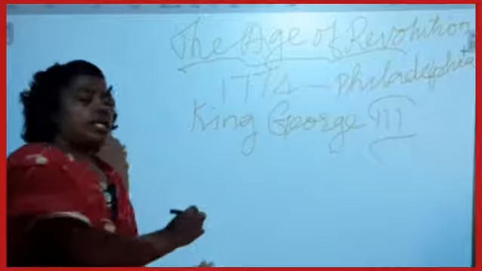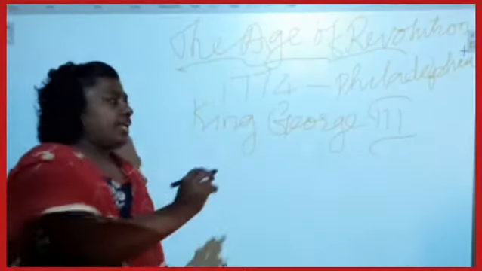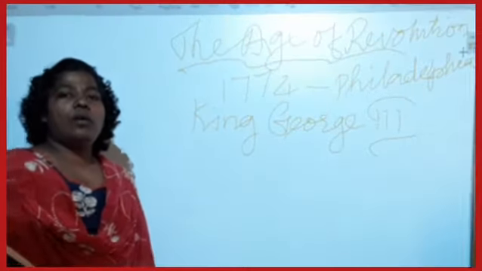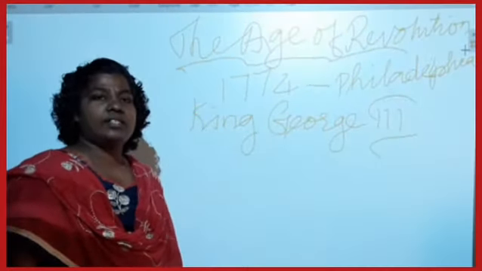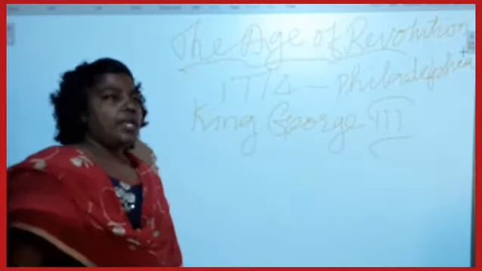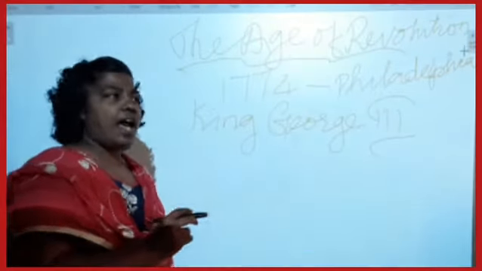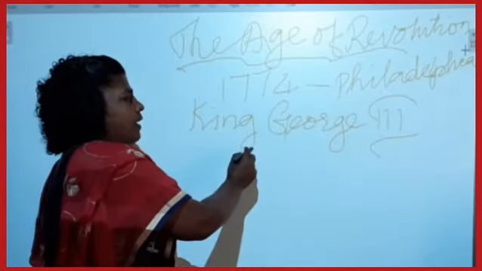Here they met together and asked King George III to withdraw all his unjust and oppressive acts against the colonies. And this became a rebellious action against the king.